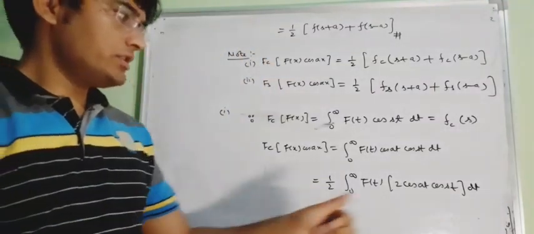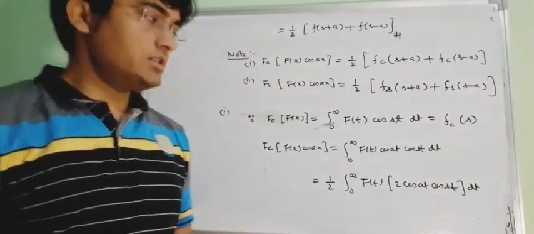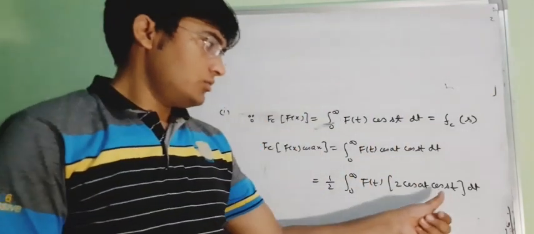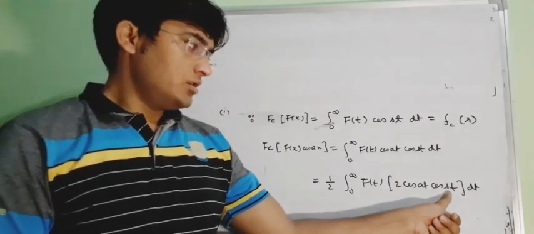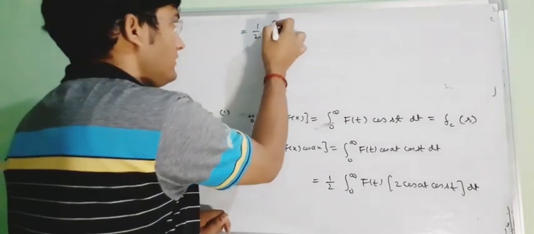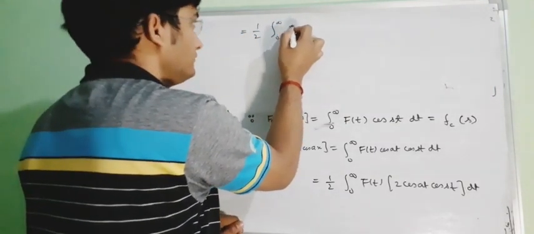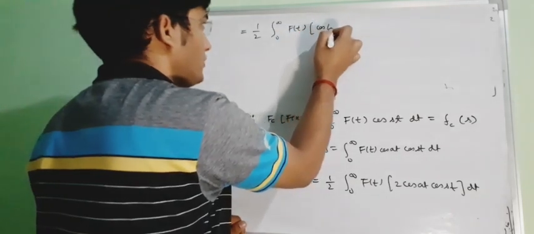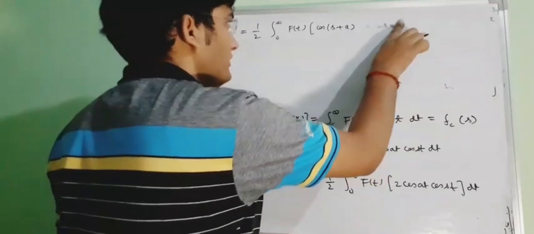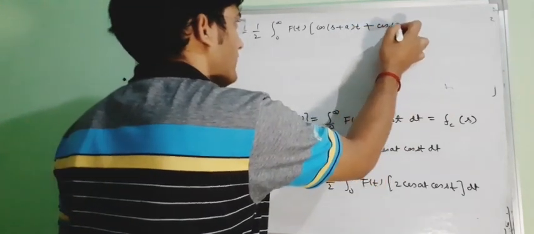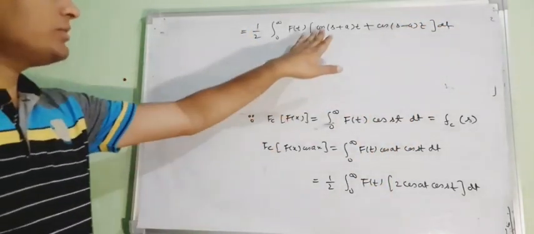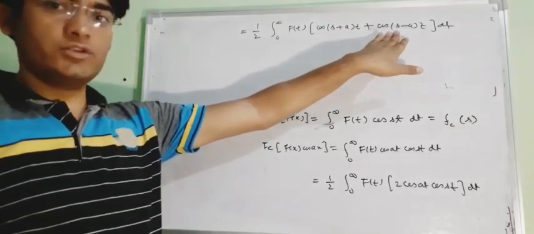Now we know that 2 cos a cos b is equal to cos(a+b) plus cos(a-b), because cos(a+b) is cos a cos b minus sin a sin b, and here we will get cos a cos b plus sin a sin b.